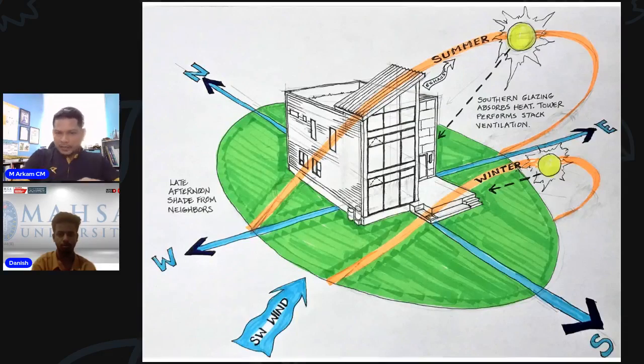So understand that, then only we can apply this basic concept on where we want to position our facility, building, house or project, due to this kind of situation. This is summer and winter, we don't have that in our climate, but by understanding the concept it is there.